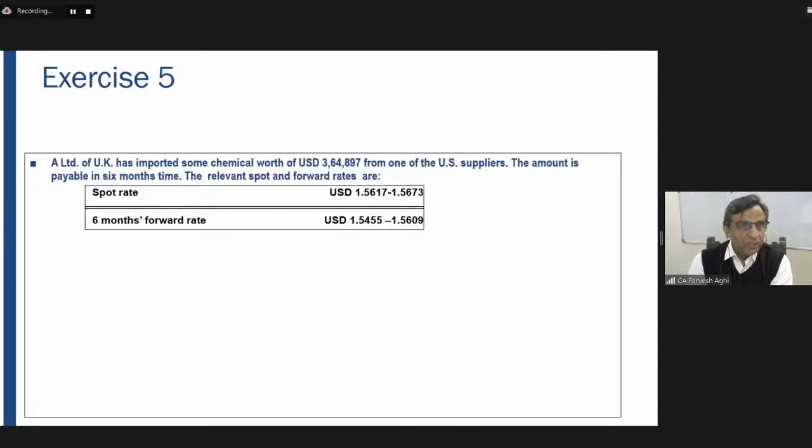The spot rate is US dollar 1.5617 bid rate, 1.5673 ask rate. The 6 month forward rate is also given to you, which is 1.5455 US dollars bid rate and 1.5609 ask rate.